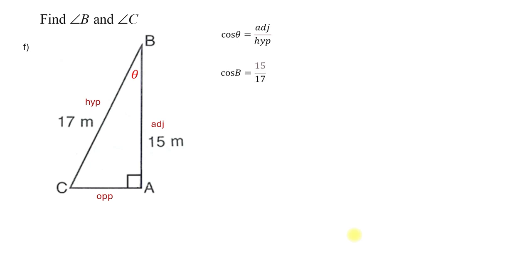So we can say that the cosine of angle B is 15 over 17, which means that angle B by itself will equal the inverse cosine of 15 over 17. Entering those values into the calculator will give us an angle of 28.1 degrees for angle B, which allows us to calculate angle C as 61.9 degrees.